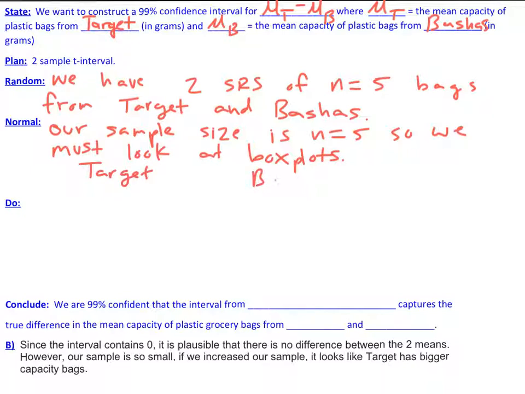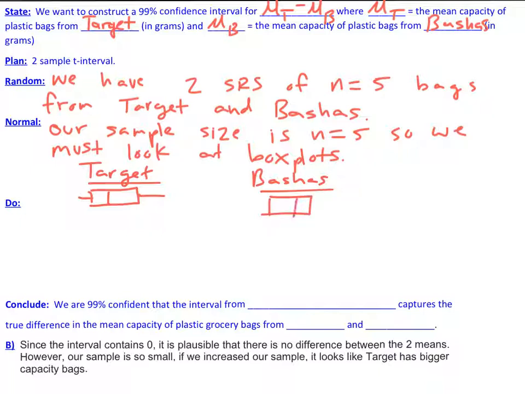Here's Target, here's Bosch's. Target's, what you would notice is it has a little bit longer rectangle on it, and then its left tail was a little bit shorter than the right. Bosch's had a similar shaped rectangle.